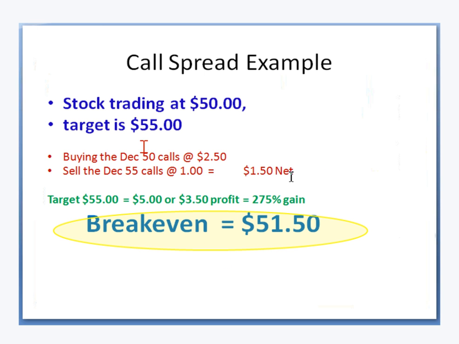Now, there are going to be times where, let's say there were 2 weeks to expiration, and in a week and a half, the stock is now trading at 57. There'll be times when things get out of whack, and that $5 all of a sudden goes to $5.40 because one option is getting out of whack.